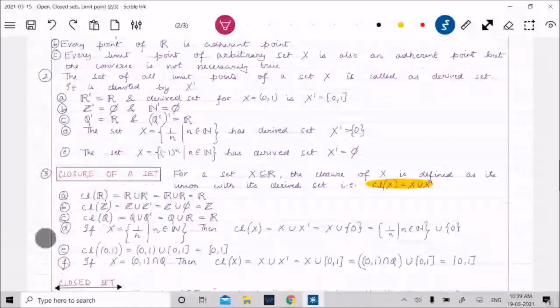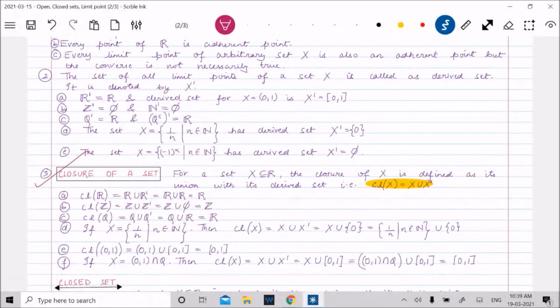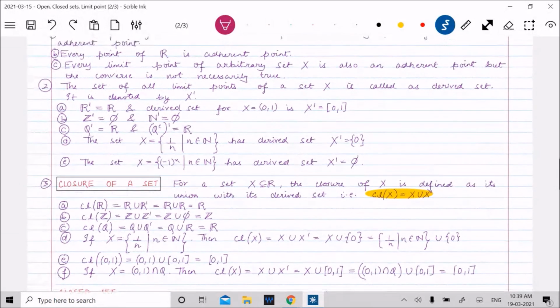Okay, now closure of a set. What is the closure of a set? Intuitively, closure of a set is something which a set actually tries to stick with in order to have all of its limit points with that set. So suppose X is a set, right? And X dash is its derived set, right?